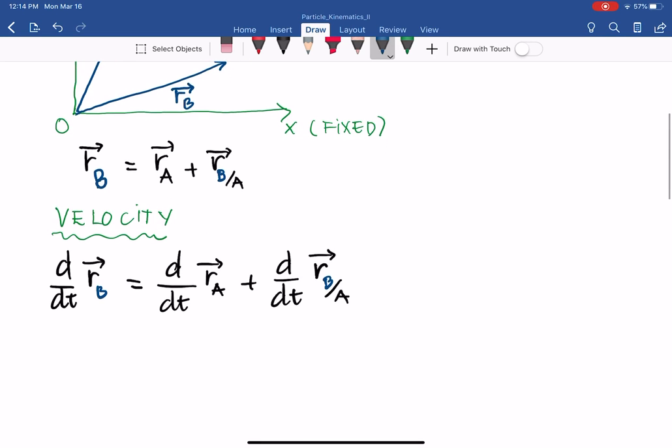RB, the first derivative of the position vector B with regard to time, that is VB.